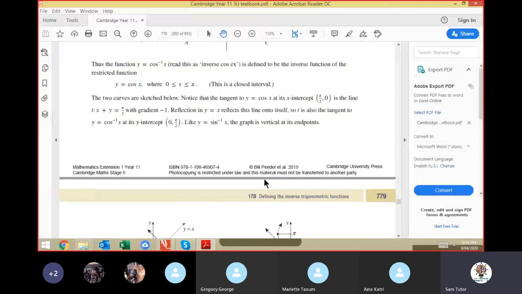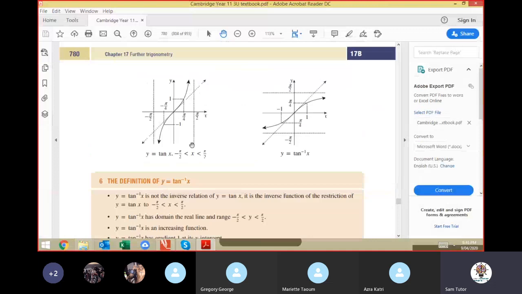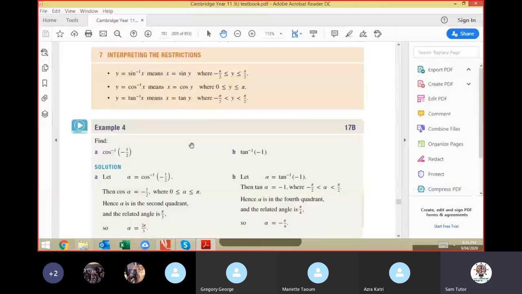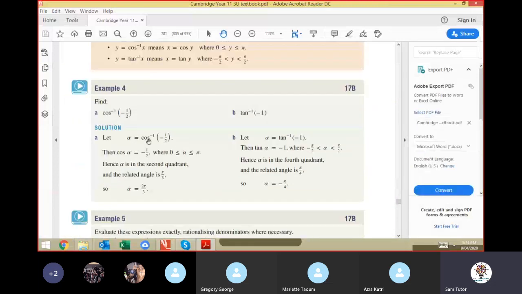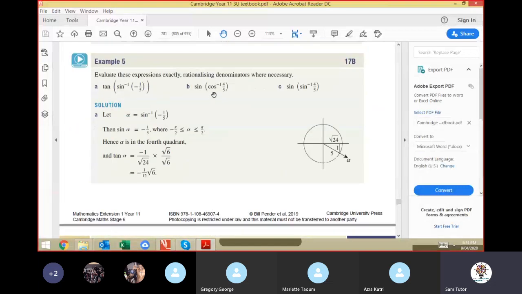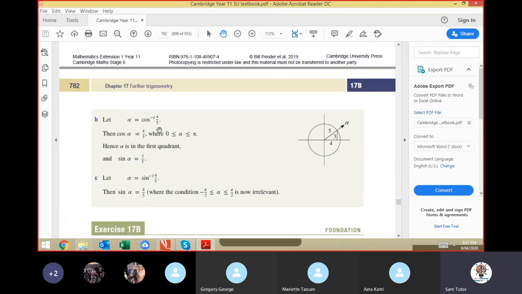Find the inverse. No, you've got to do it.